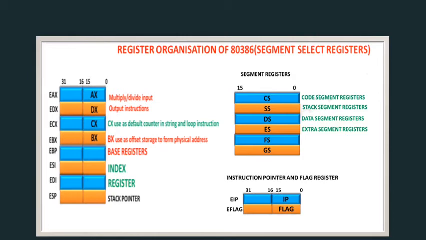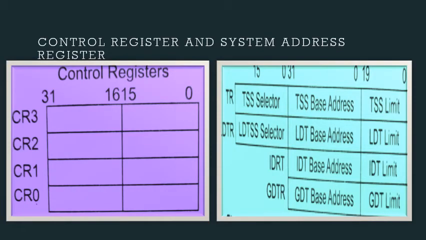In real mode operation, the segment register contains a segment address, and in protected mode operation, they contain a selector, just as in 8086. Let us now discuss the control registers and system address registers of the 80386 microprocessor.